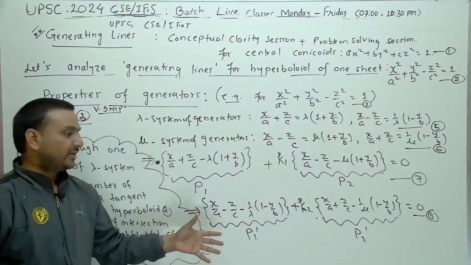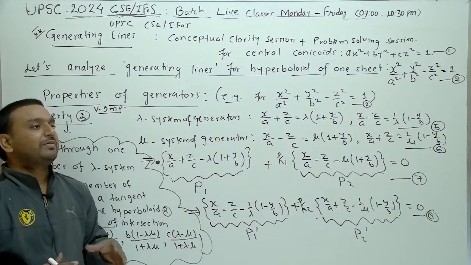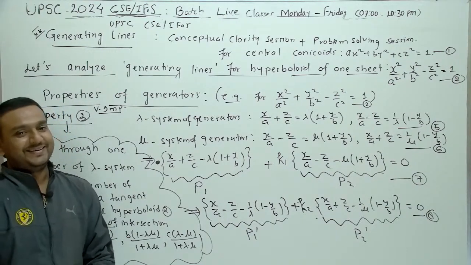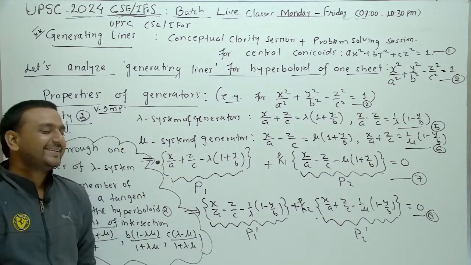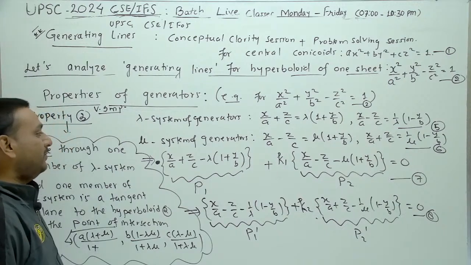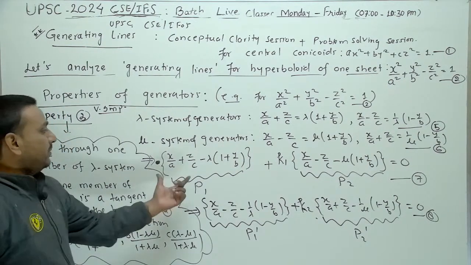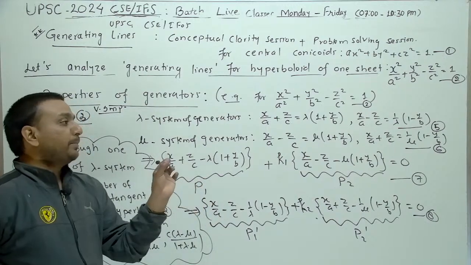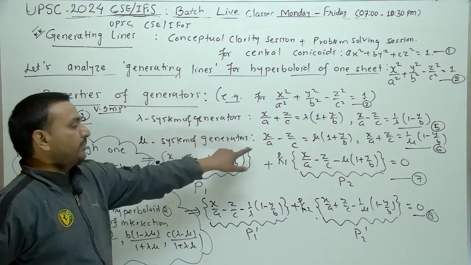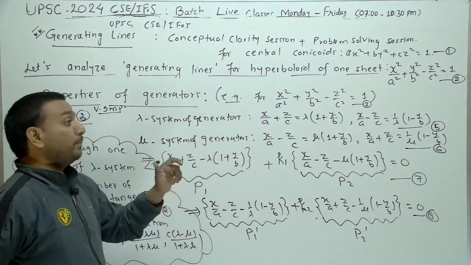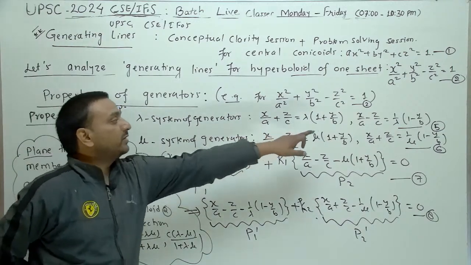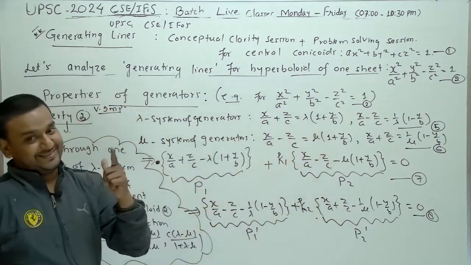Please write down this. After this, the beautiful khela we will khel. We will play. लिखे आराम से इसको पहले तो. So this represents 7 represents a plane through one member of this and one member. This represents a plane through one member of this and one member of this.